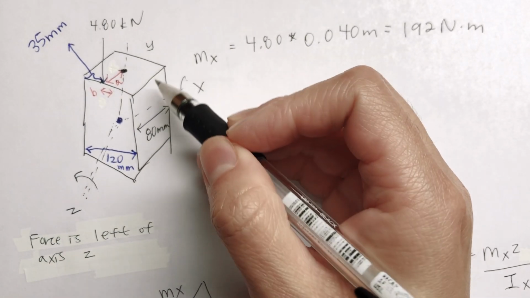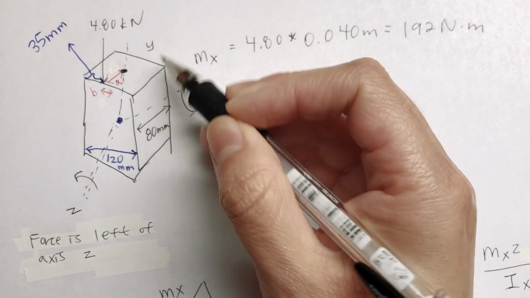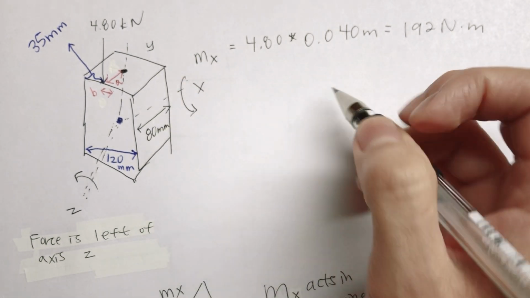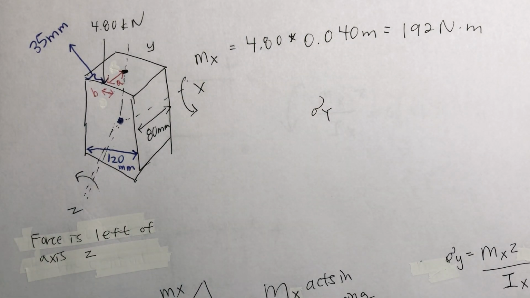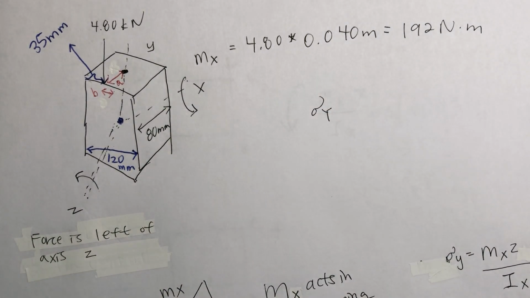Okay, so notice that this wooden post is going up and down. It's a vertical one. So we're going to be looking for our stress y. Look at your slide 20.